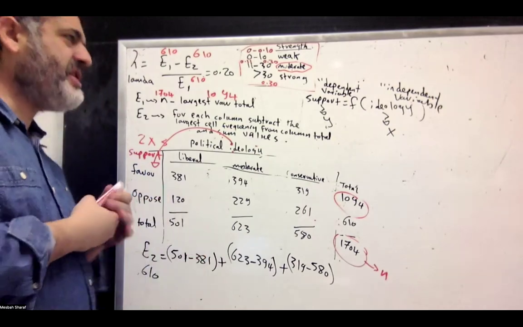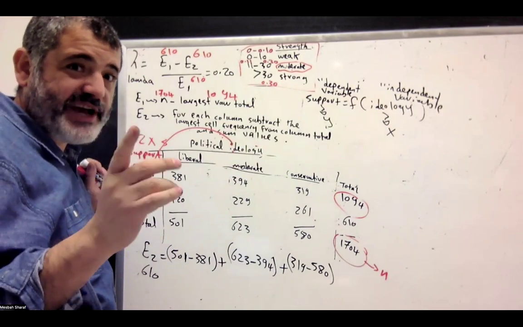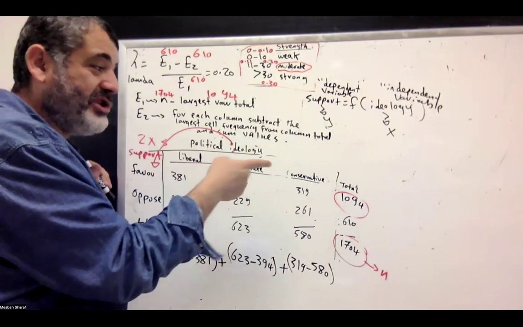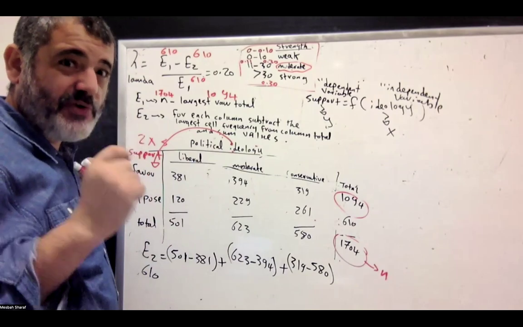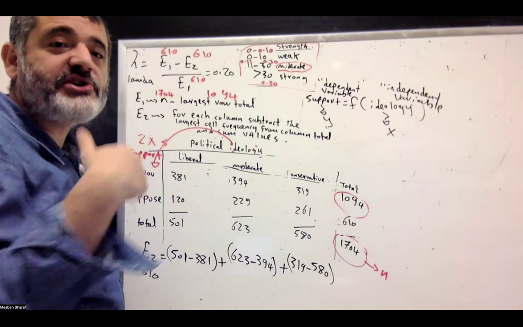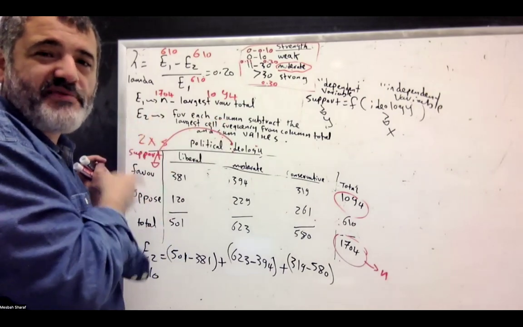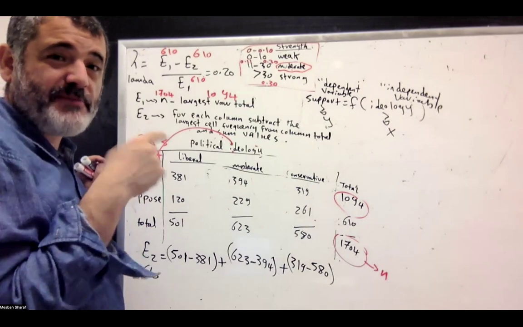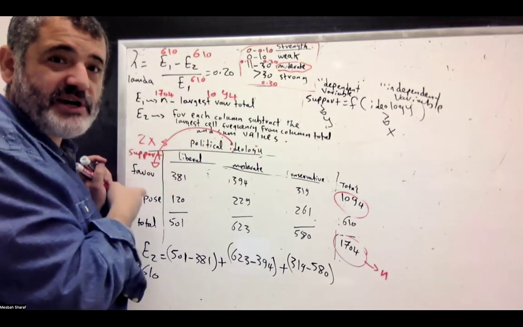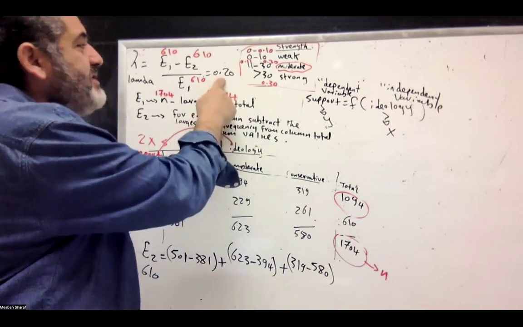So here, knowing the x, if I know your ideology, if I know whether you are liberal or moderate or conservative, I will be able to predict. This is going to increase our ability to predict whether you are going to favor or oppose. So this will help me to predict your support by 20%.